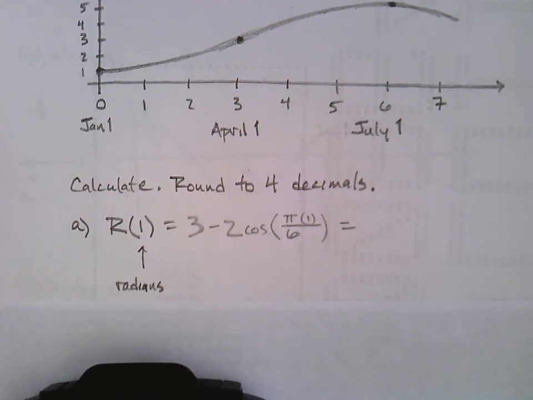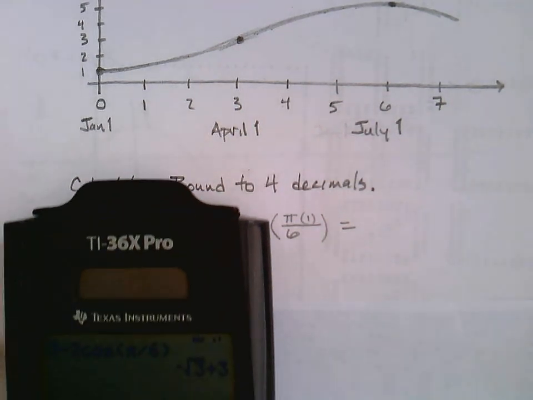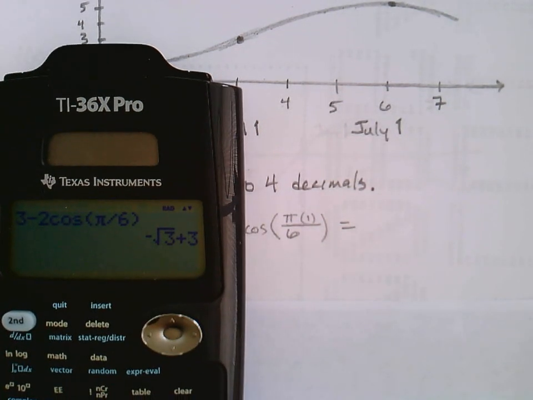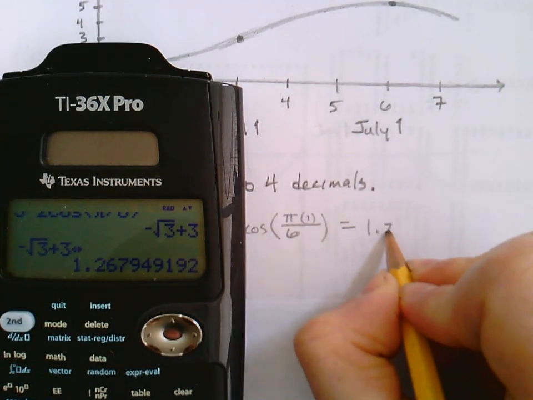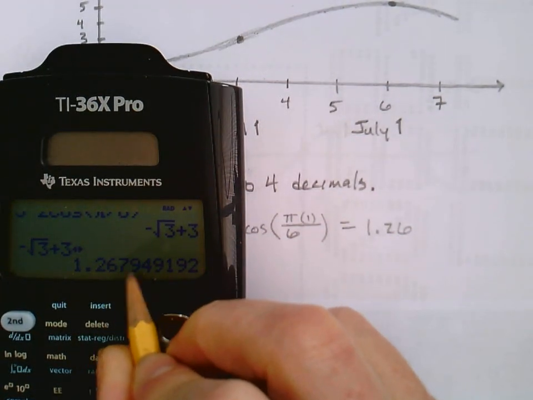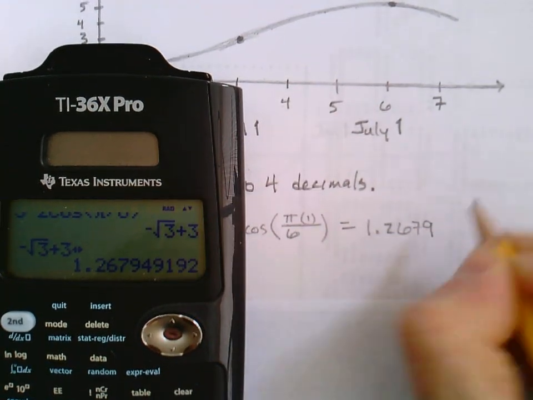Okay, so I'm putting this in. My calculator wants to give me the exact number, so I'm going to hit the double arrow, and here I have it. 1.2679, to 4 decimal places.